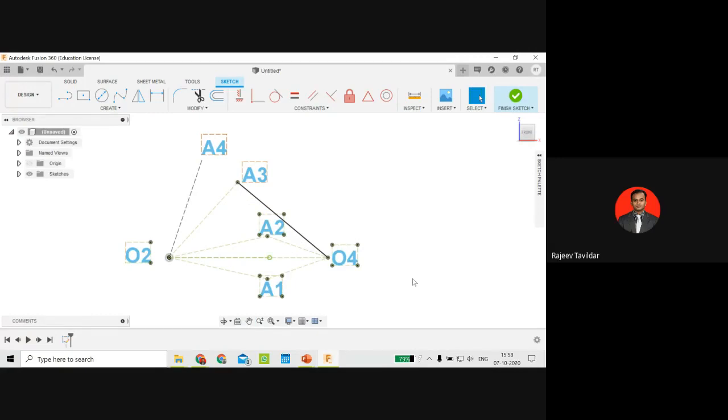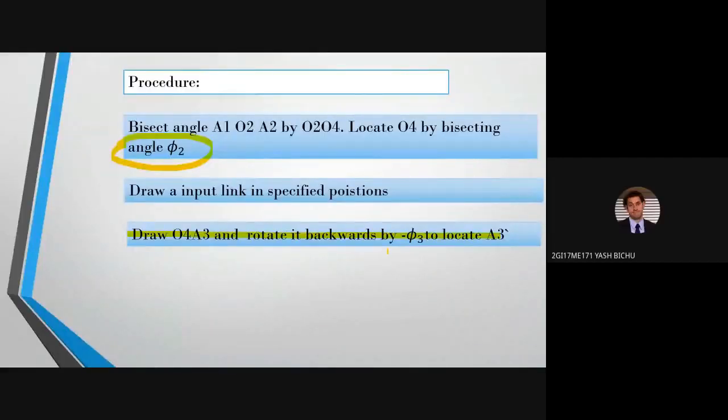So I need to rotate it backwards. In which direction am I supposed to rotate now, clockwise or anti-clockwise? It says I need to rotate it backwards by minus phi 3.